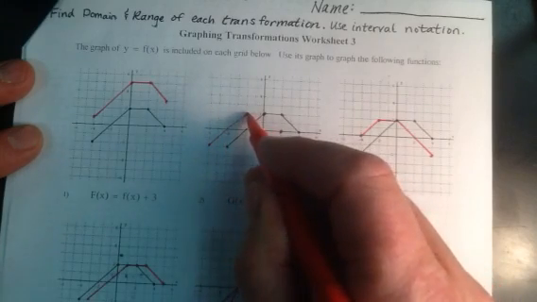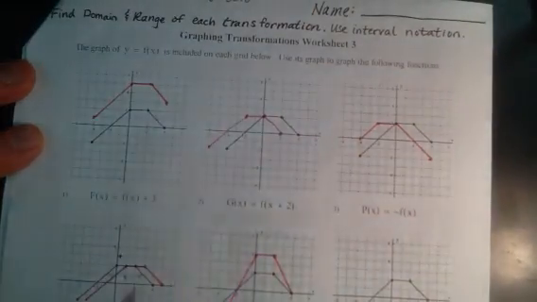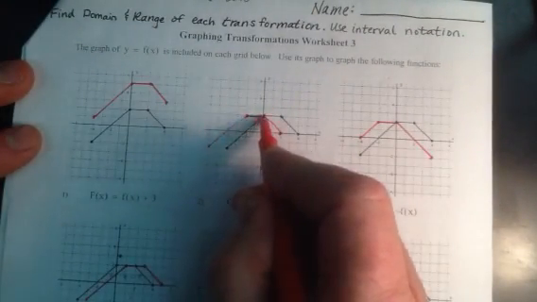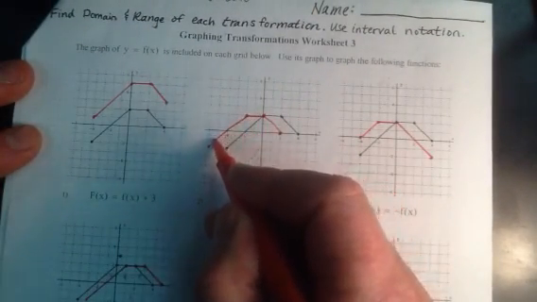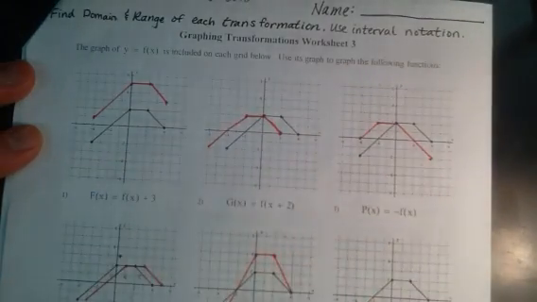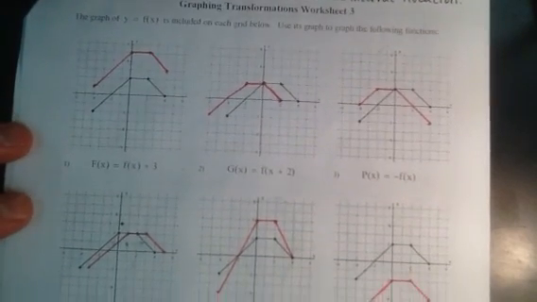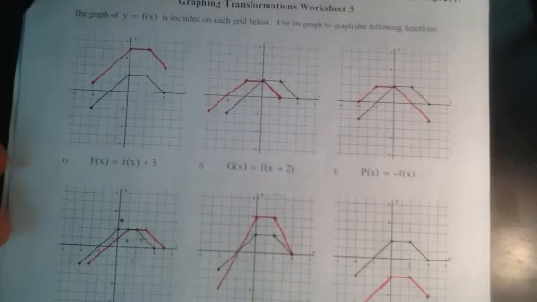And then I can construct my transformation. Should have used a ruler. Okay, but so on and so forth. And then you can do that fairly easily.